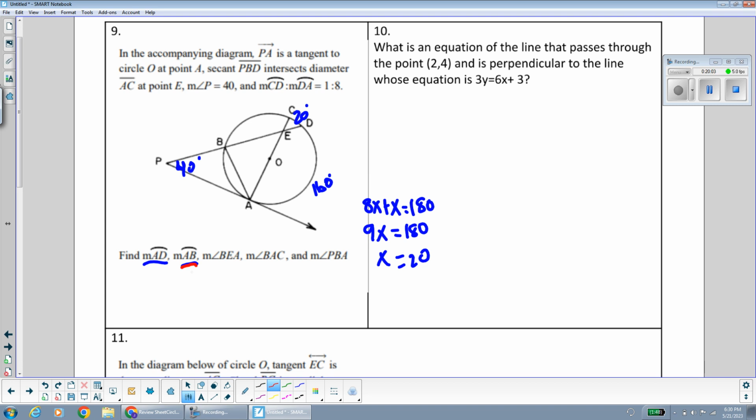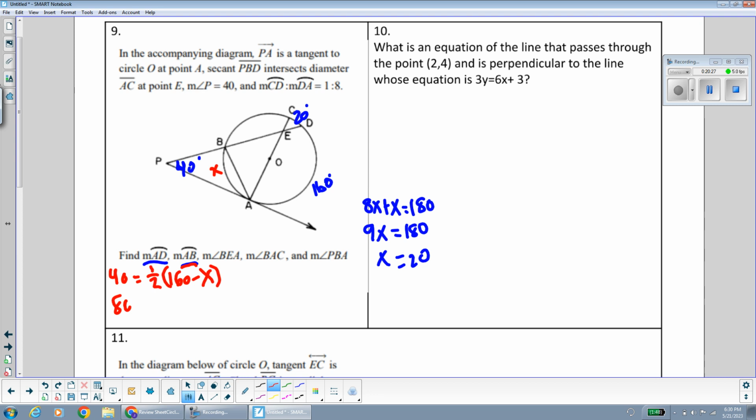So angle P, which is the outside angle, which is 40 degrees, is equal to half the difference of its intercepted arcs. So its big intercepted arc would be 160, and its small intercepted arc would be AB, which I'll just call X for now.